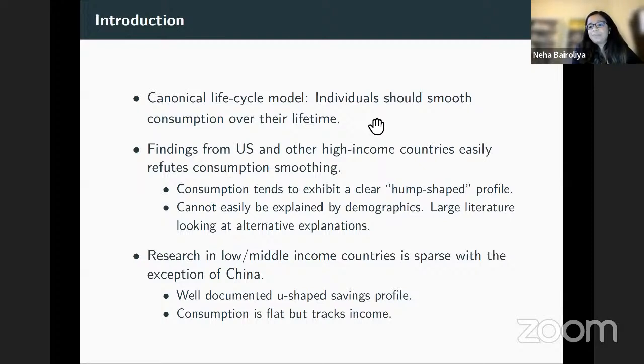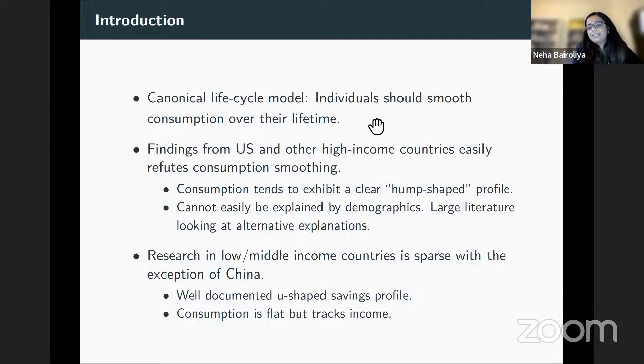Now, there has been a lot of research in the past few decades trying to look at the predictions of the life cycle model in data. But most of this work has been concentrated in the US and other high-income countries like the UK. And empirically, what researchers have found is that this prediction does not hold.